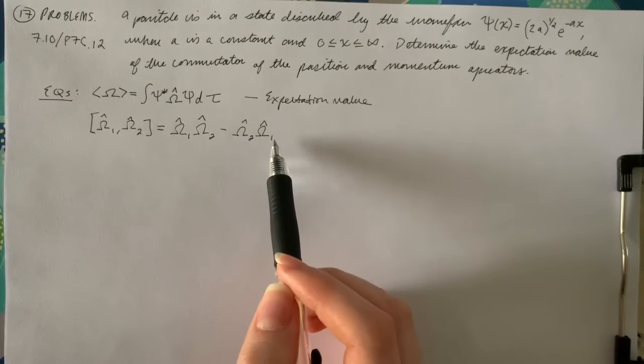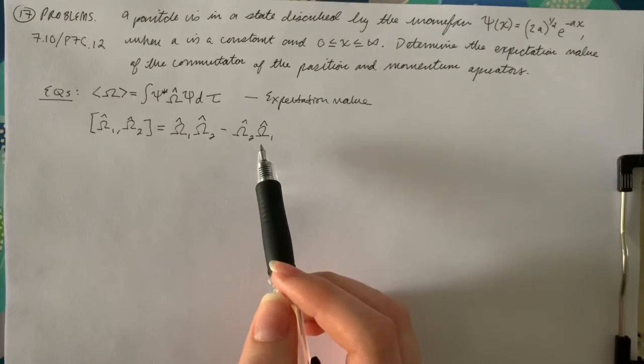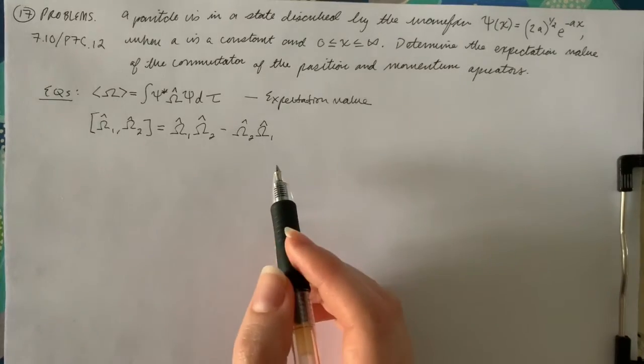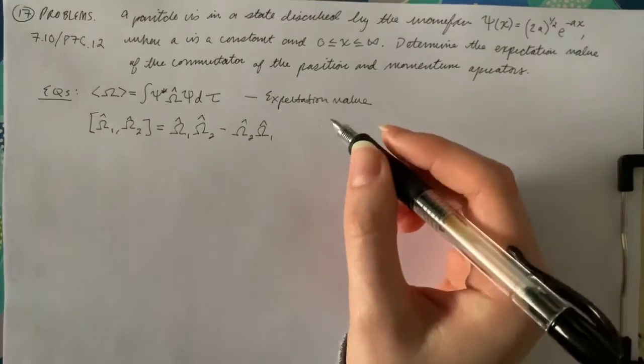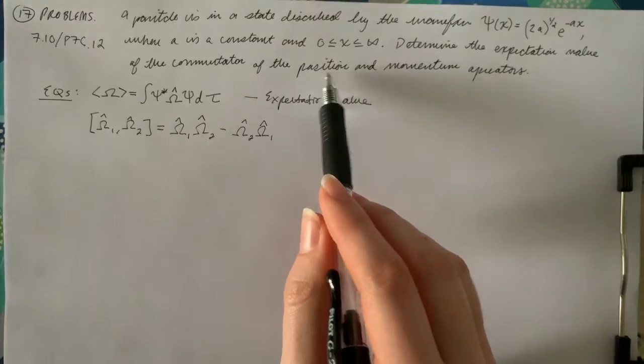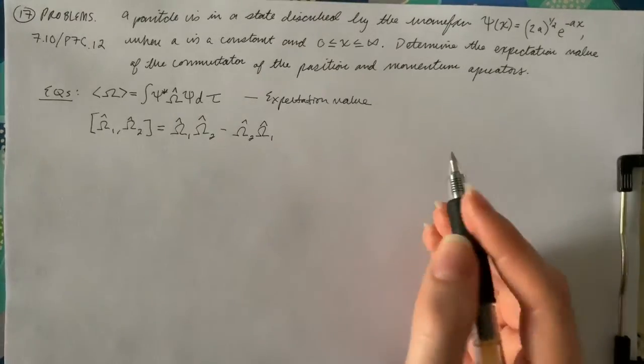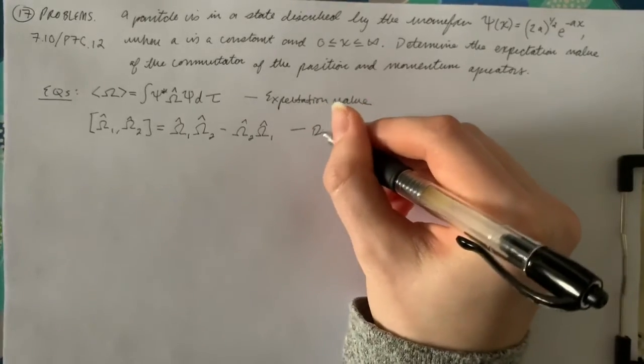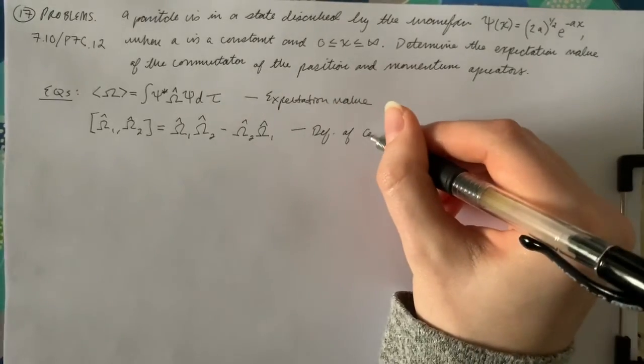And if it depends on their order, then they don't commute. And operators that don't commute are considered complementary observables, which in this case, we know that position and momentum are complementary observables. So here we have the definition of commutator.